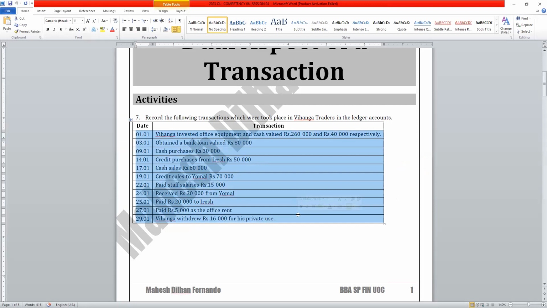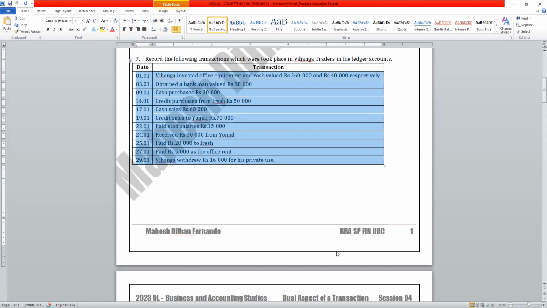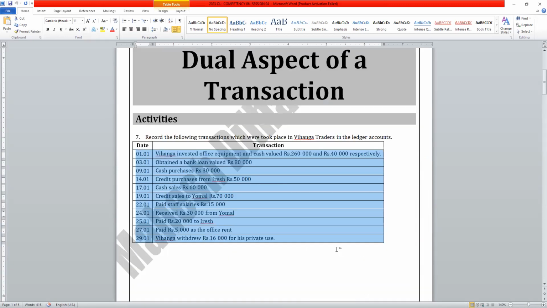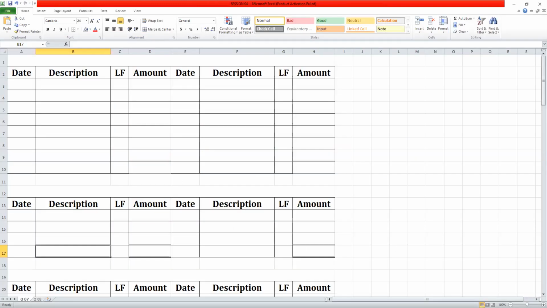To keep the class organized, I have provided all the formats required. So let's start how to answer this question. Let me take you to the answers format. Question number 7. Look at this. It's very simple.